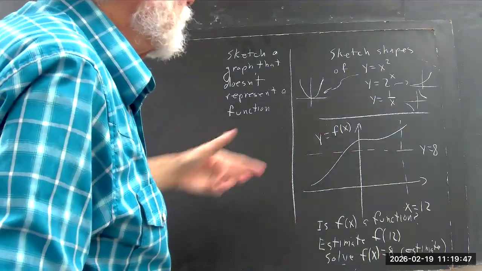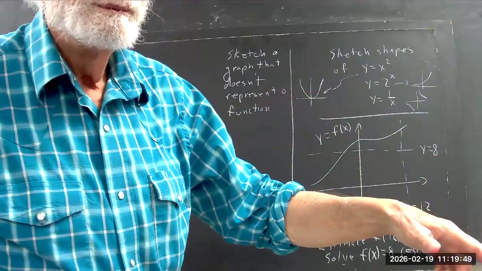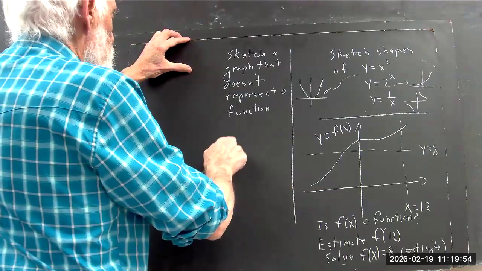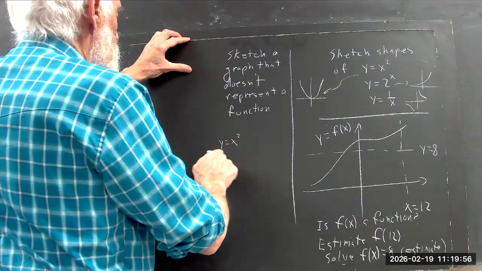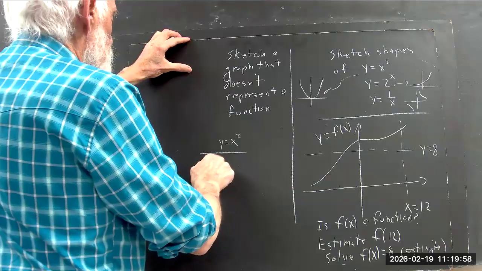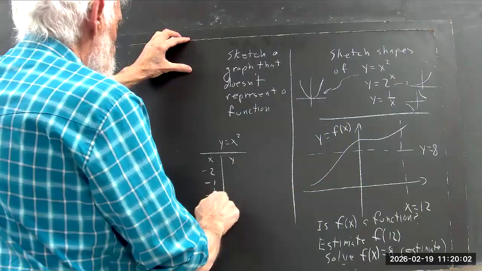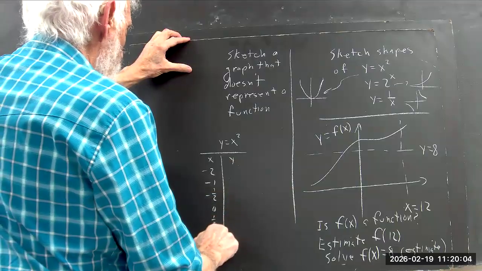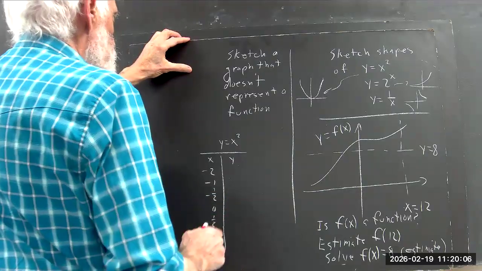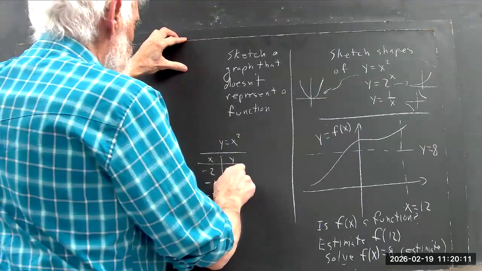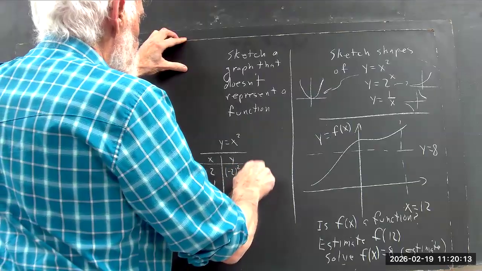But you can also get these graphs by doing a table. Just real quickly: if x equals -2, what is x squared? Well, -2 squared equals 4.